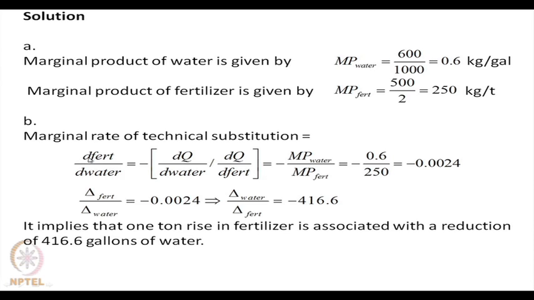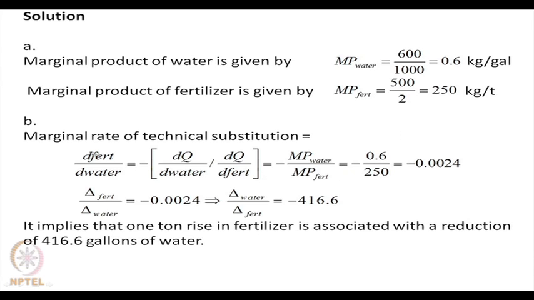Now, this is given by d fertilizer by d water, which is the same as dq by d water divided by dq by d fertilizer, and this is nothing but the marginal product of water divided by the marginal product of fertilizer. And we have already estimated the marginal product of water as 0.6 kilogram per gallon. So, it appears in the numerator, and for fertilizer it is 250.